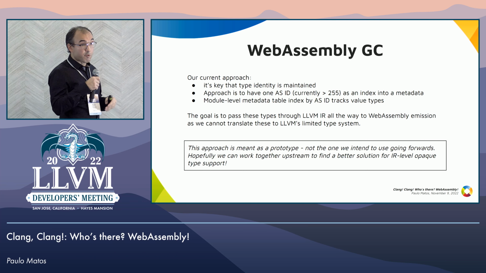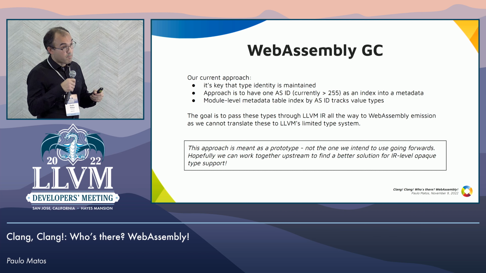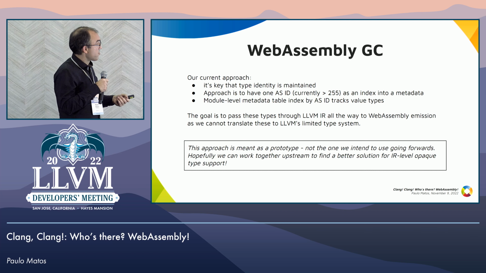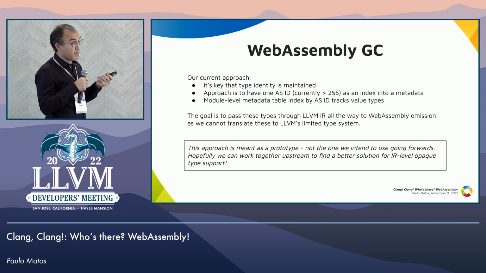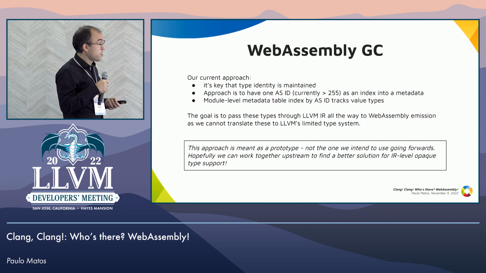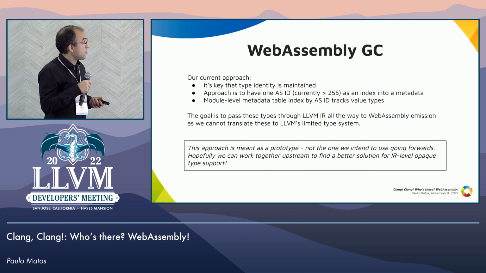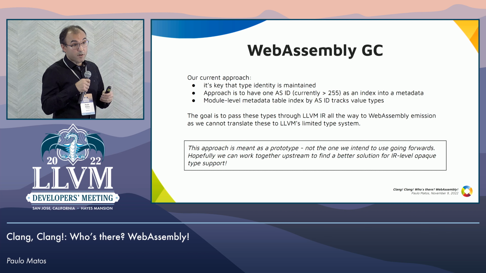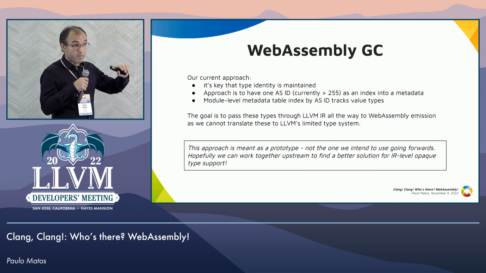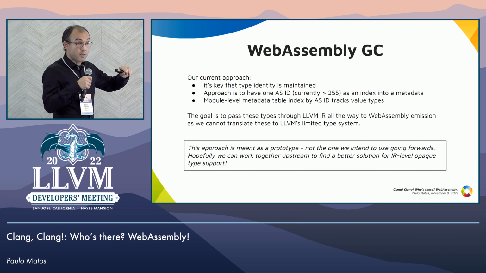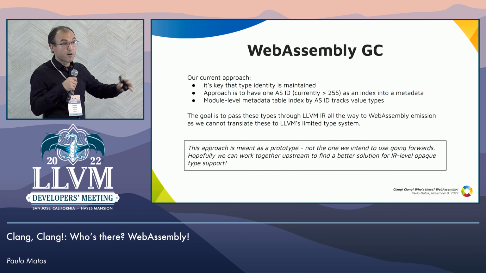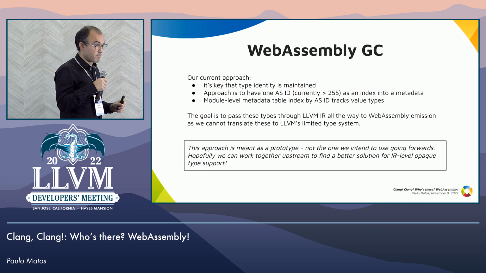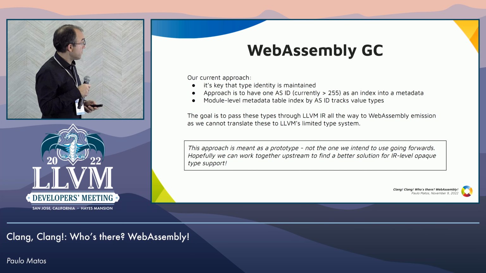So I just said that we're not going to assign address spaces, but because this is a prototype, that's what we're going to do now. So for now, to experiment with this solution, we intend to use address spaces for canonical types, but not necessarily, obviously, one for different values. So if we have two values that have the same type, we'll only use one address space. And we sort of make everything into one.